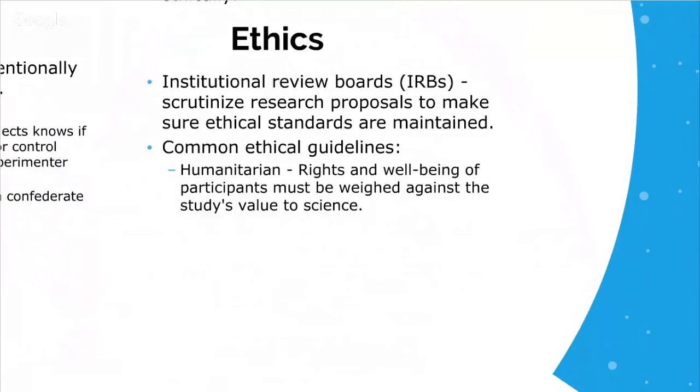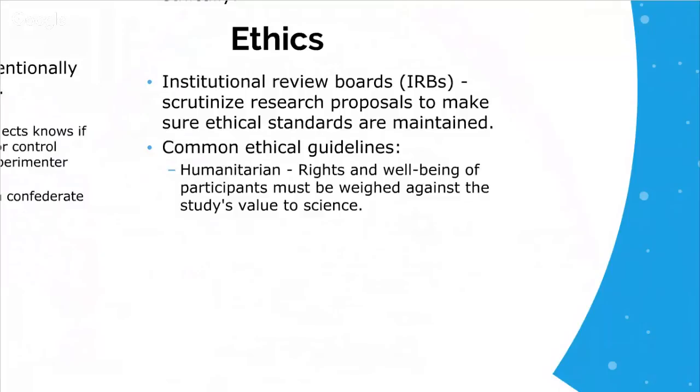So institutional review boards themselves scrutinize research proposals to make sure ethical standards are maintained. And what that means is when you turn in psychological research to be published in journals or in articles or in books, there are boards that look at that information and say this was ethical, this was unethical.